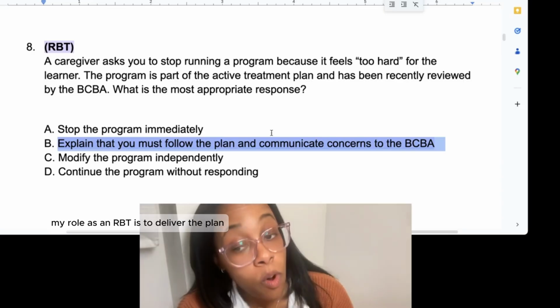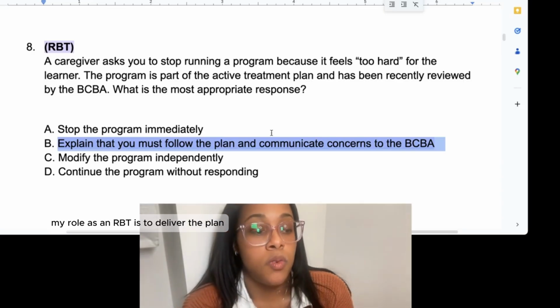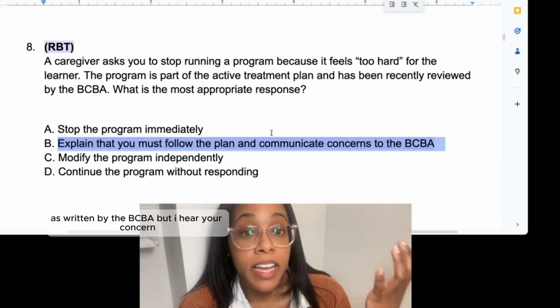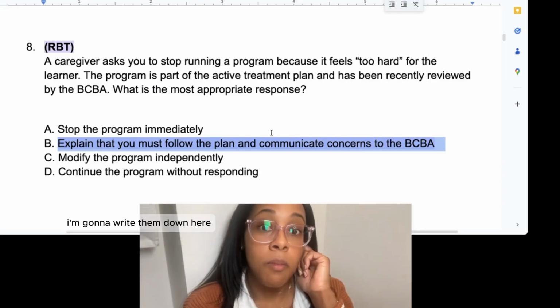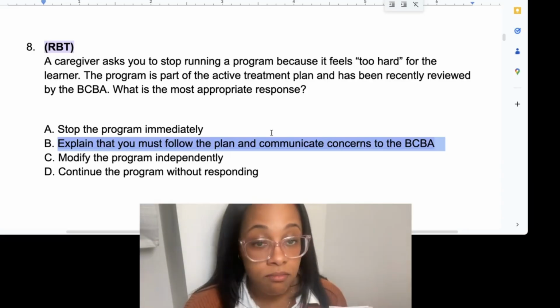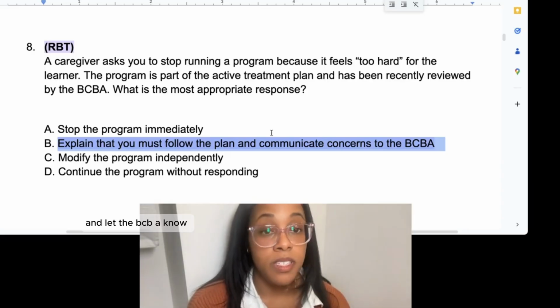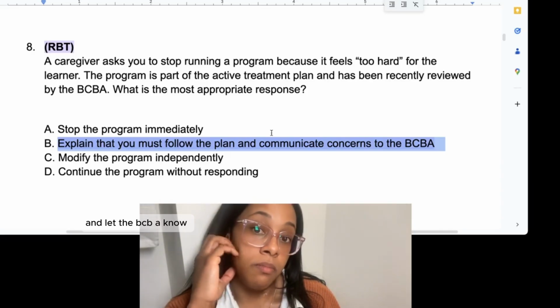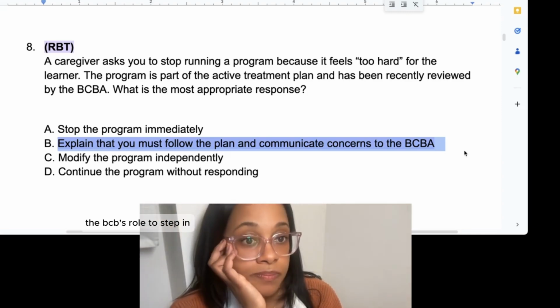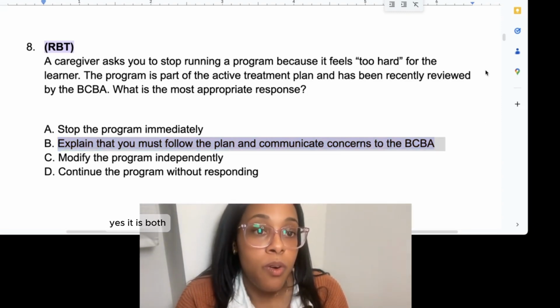Like, well, my role as an RBT is to deliver the plan as written by the BCBA. But I hear your concerns. I'm going to write them down here, show it to them. Did I get everything? And let the BCBA know. And then from there, it's the BCBA's role to step in.